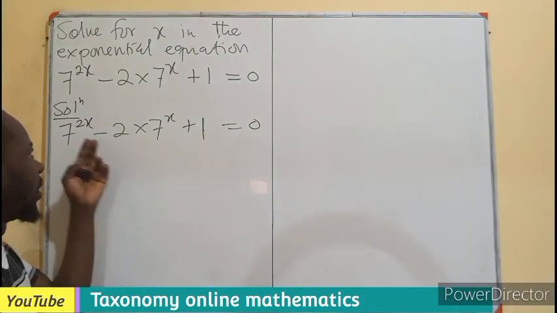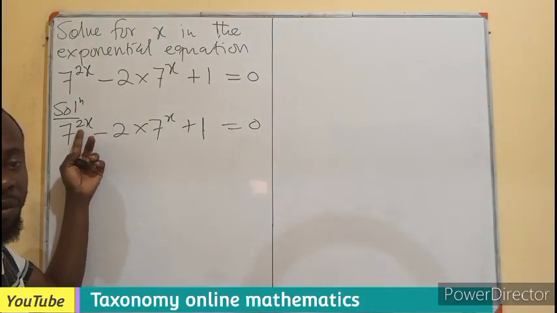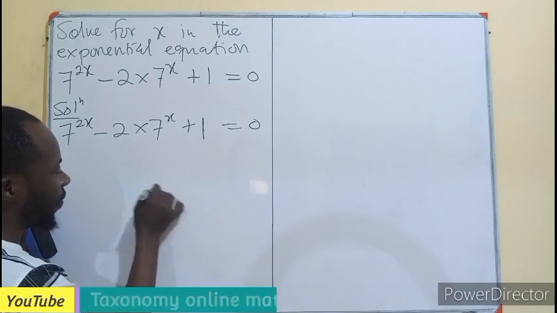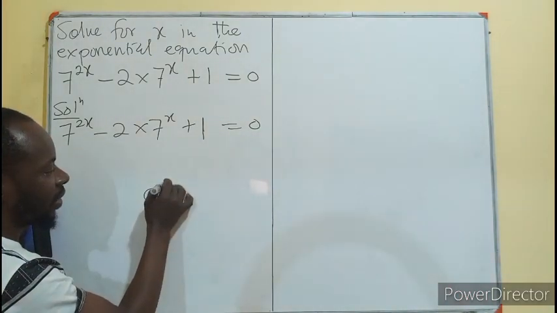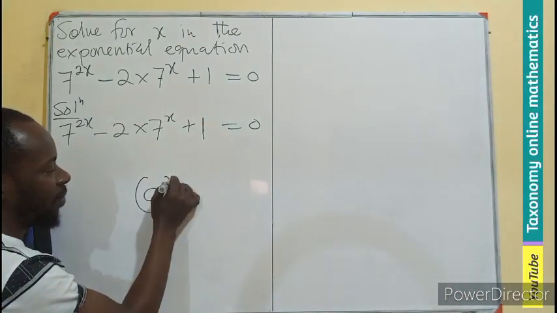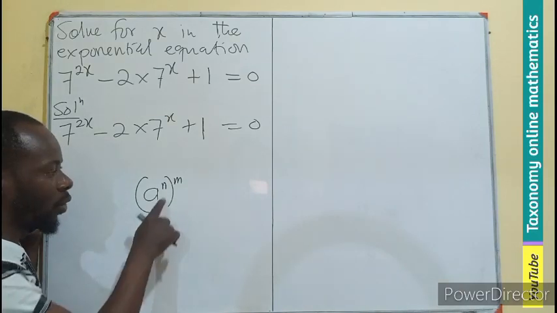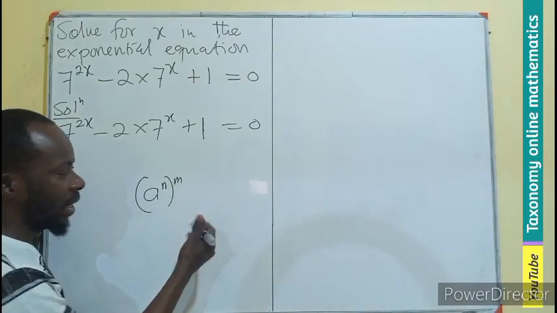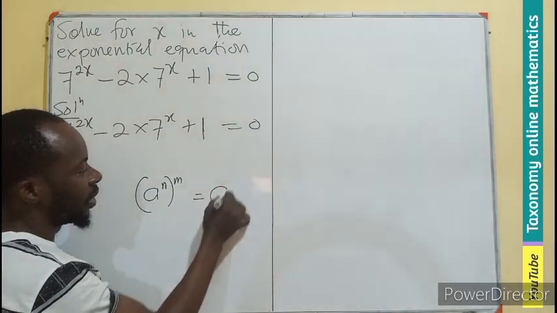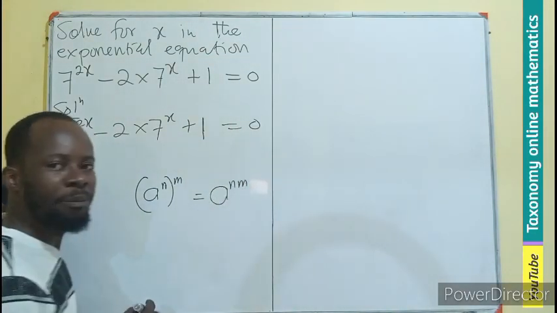So I'll be writing this one using the properties of what? Indices. If I have an exponent n multiplied by m, we know the two powers multiply, which is the same as n and m.